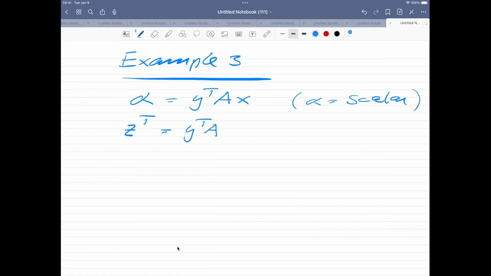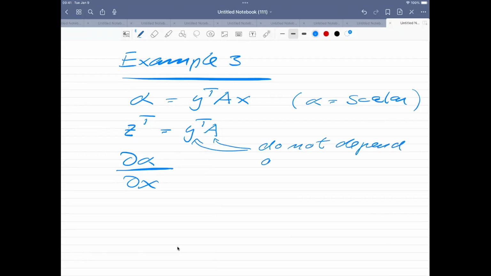And that means that what you can do then is to rewrite the derivative of alpha with respect to x. And now there is an assumption again here that these two quantities, this one and that one, do not depend on x. If they do, then you have to set up the chain rule of derivatives. Okay? So that's just another complication.